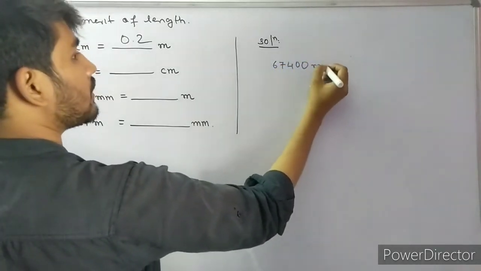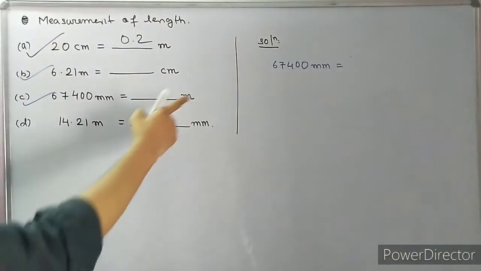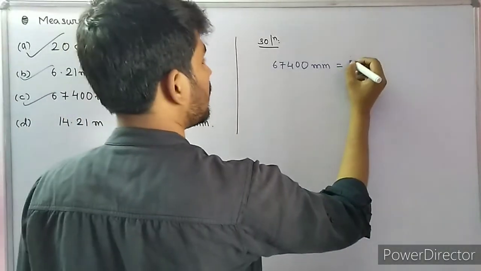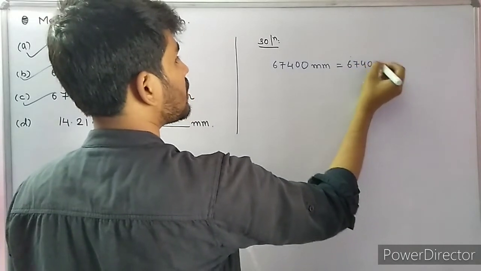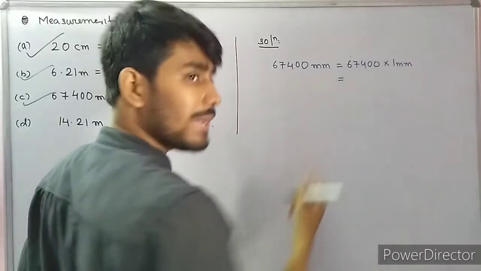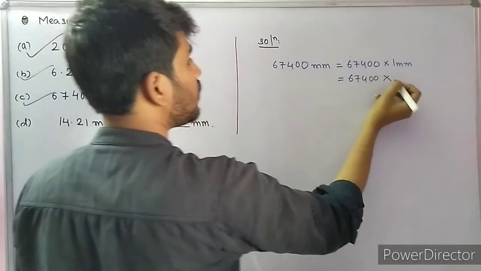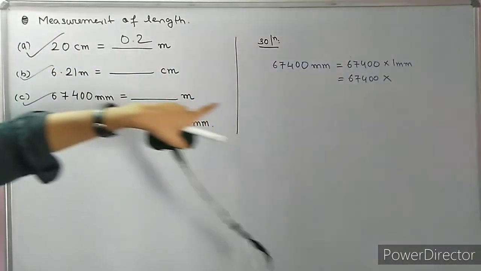67400 millimeter. I have to convert this into meter. So let's do it. 67400 into 1 millimeter. I have to convert millimeter into meter.